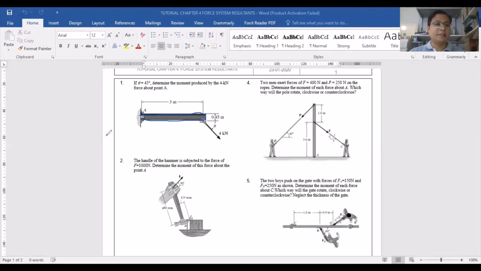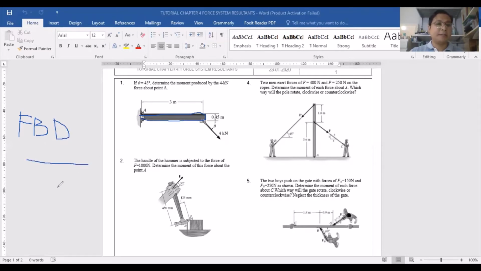Please remember, if you want to solve the problem, first find which one is the body. So the body is the frame, the beam. So we create the FBD first.